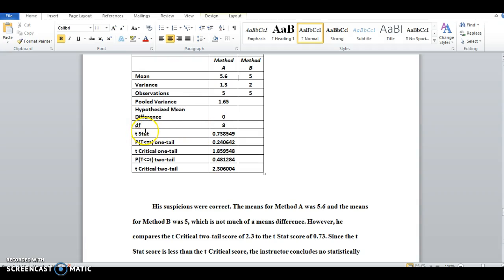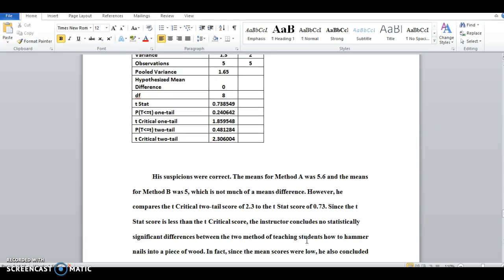This is our test statistic, and we will use it to reject or fail to reject the null hypothesis. So we're comparing it to the critical value. Since it is less than the critical score, there is no statistical difference between the two methods.